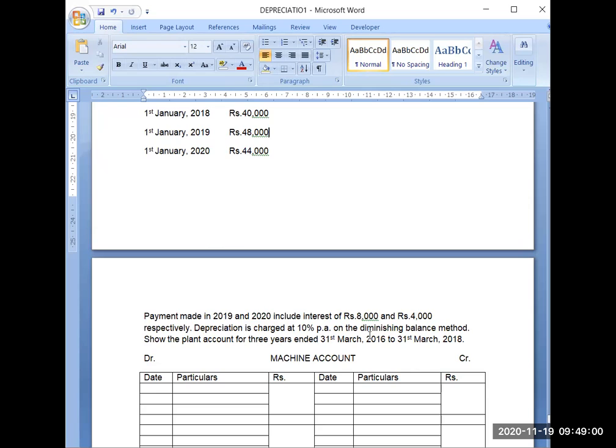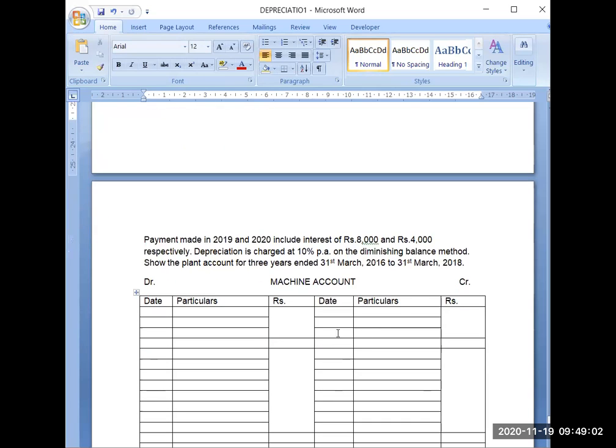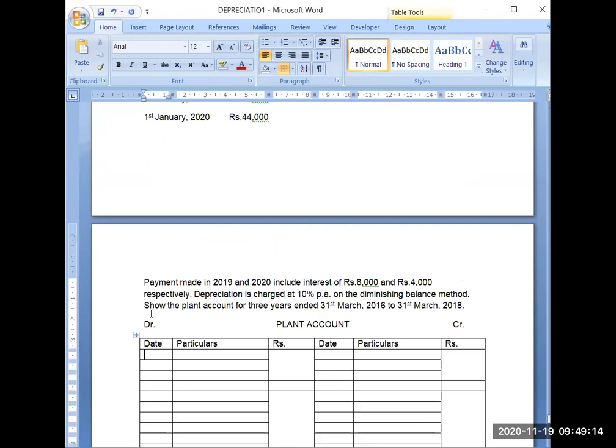Depreciation 10% per annum on diminishing balance method. Show the plant account for 3 years. So we have to prepare the plant account. The date is 2015, April 1.